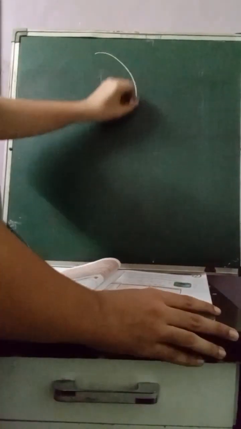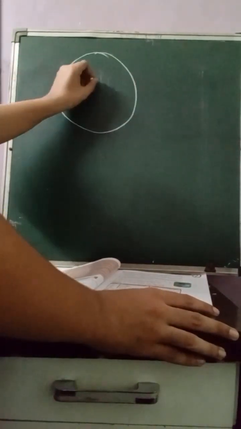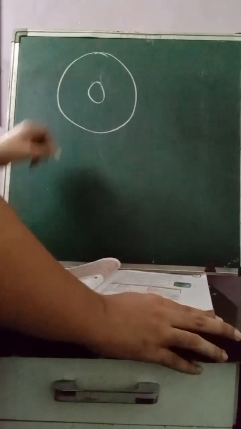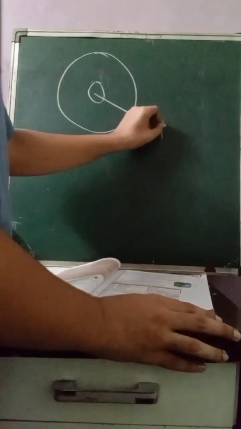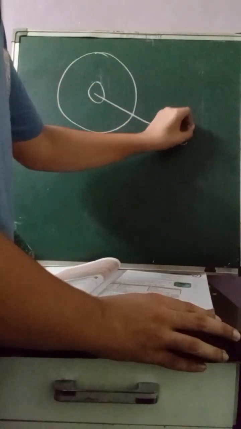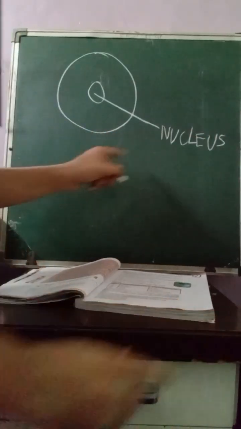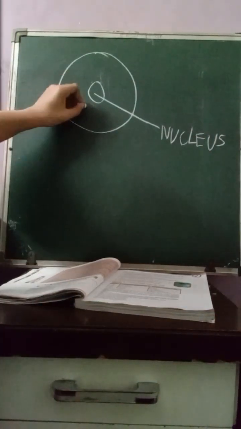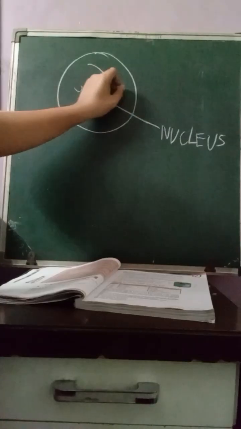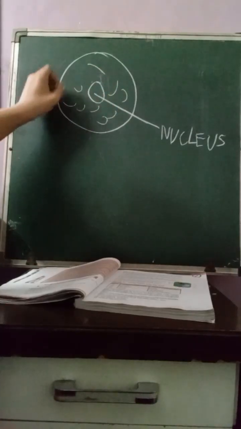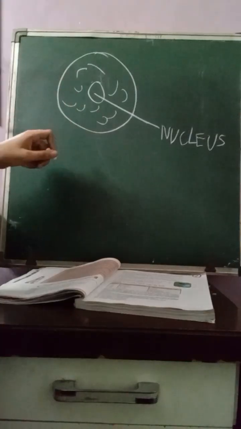First, we're going to take a cell. This is a normal cell. This is a nucleus, and these little line thingies are the particles inside the cell.